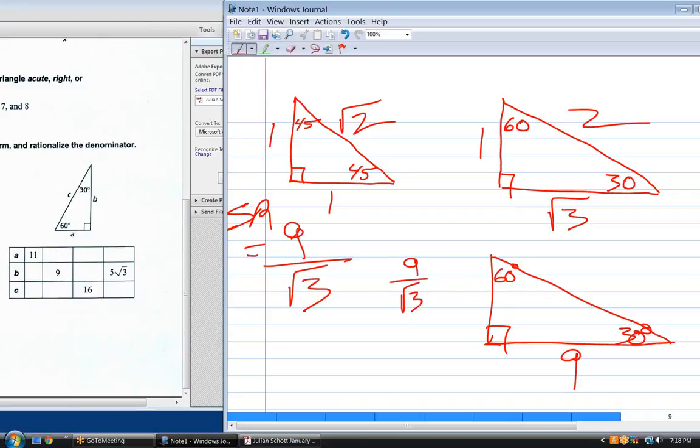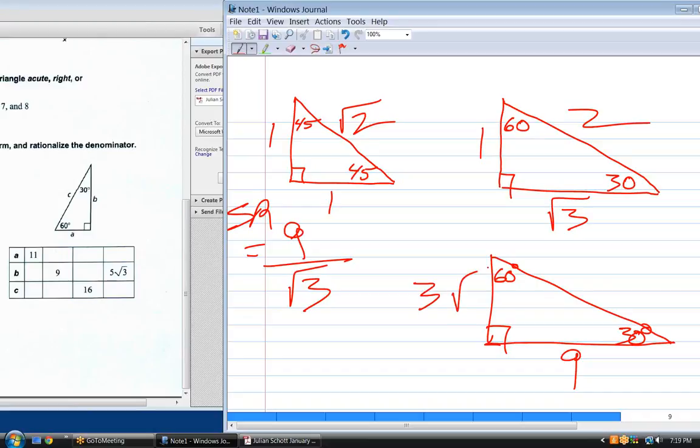Now rationalize that, because I can't give that as an answer. How do I rationalize it? We're going to multiply it by root 3 over root 3. Which becomes 9 root 3 in the numerator, 3 in the denominator. That becomes a 3. So 3 root 3 is the answer. Is that what you said? Yeah. Good. You were ahead of me.